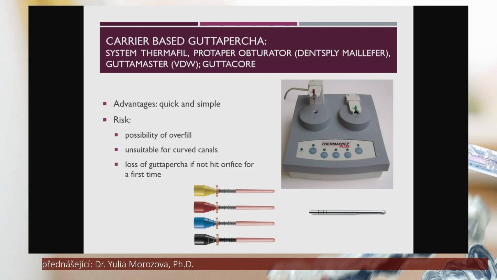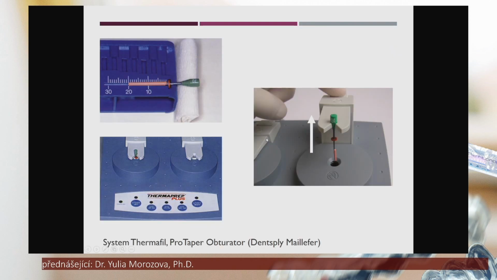For the realization of this method, we should have the specific warming device. When we have provided the mechanical shaping, irrigation, and drying of the root canal, we should check the working length, and we should use a special instrument that is named a verifier.